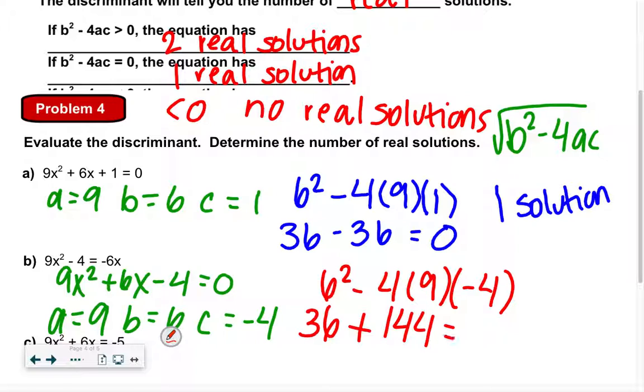So what's this equal? 180. So how many solutions are there going to be? If it's a positive number, there's how many? 2 solutions. Okay, questions there?